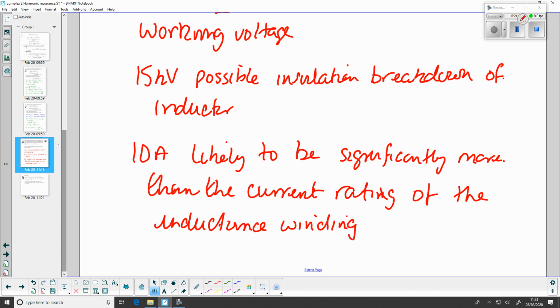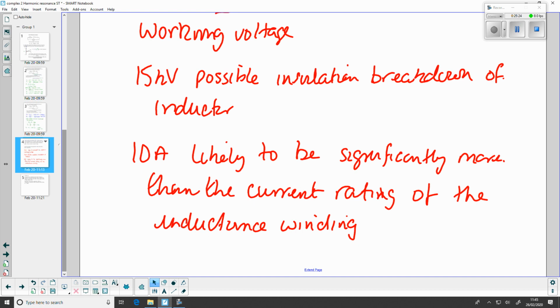Certainly, if you're only expecting circa 0.2 of an amp to flow, are you going to put in conductors that are going to be capable of taking 10 amps? Probably not. So it's a situation that we want to avoid.